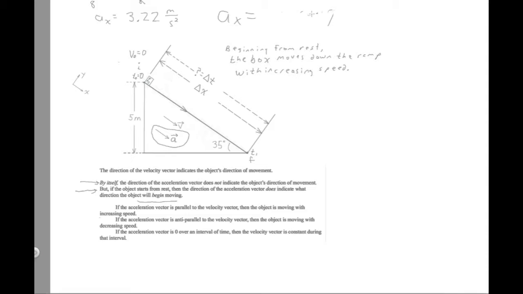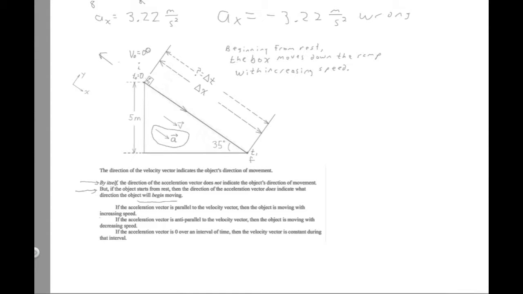And do you see how obviously a negative acceleration would also clearly be wrong? If the object started at rest and the acceleration was pulling in this direction, then the object would actually start moving in this direction. Remember that by itself, the acceleration doesn't show you which way the object will move. But if you know the object starts from rest, then the direction of the acceleration vector does indicate what direction the object will begin moving.